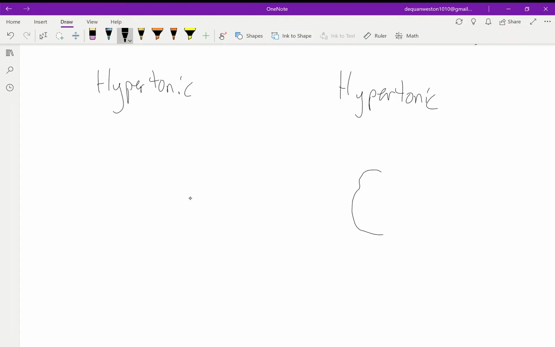So this is our cell, just doing its thing, hanging out. Hypo. And so these are, we'll say it's a salt concentration.